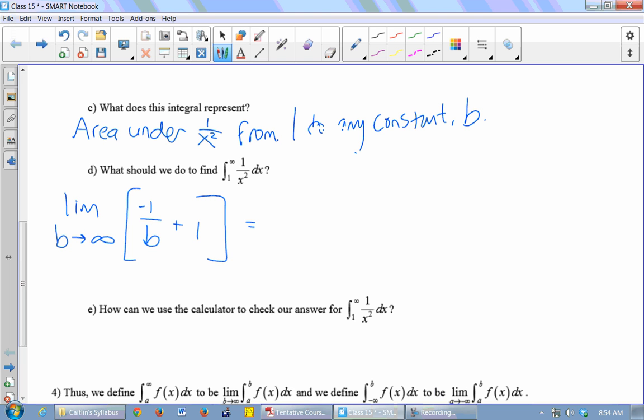So what happens to the fraction 1 over b as b gets really large? It gets small, it goes to 0. So my limit for this first term is 0. The 1 never changes, doesn't matter what b is. So the limit is 1. That's the area under the curve from 1 to infinity.